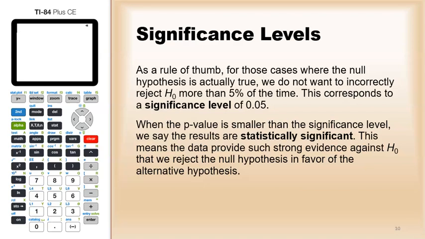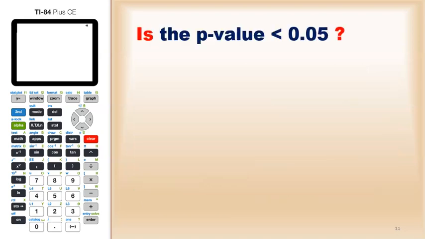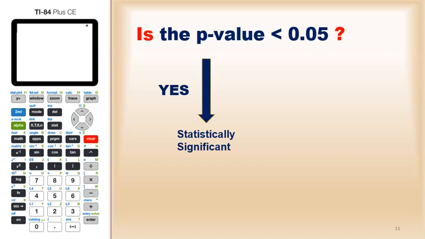Let's try that again. If the p-value is smaller than 0.05, we would reject the null hypothesis. So we'll say the null hypothesis is not likely, and we'll go with the alternative. Essentially, random chance is not a likely explanation of the results from our sample. So if the p-value is less than 0.05, then we'll consider that to be statistically significant.